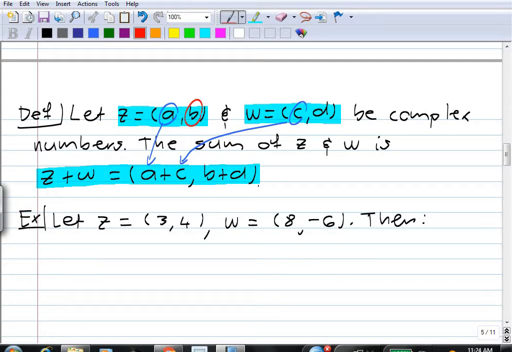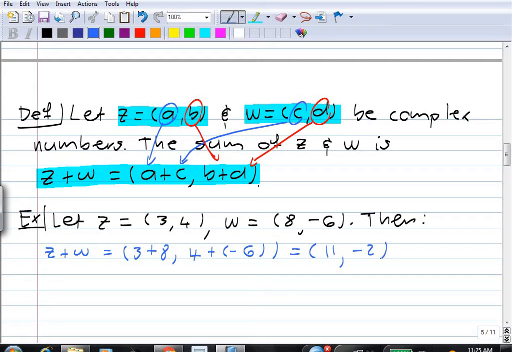Then we add the imaginary parts of z and w, which gives us the imaginary part of z plus w. Fairly simple. So for instance, if z is (3, 4) and w is (8, -6), then z plus w is 3 plus 8 for the real part, and 4 plus minus 6 for the imaginary part. So that gives us (11, -2).